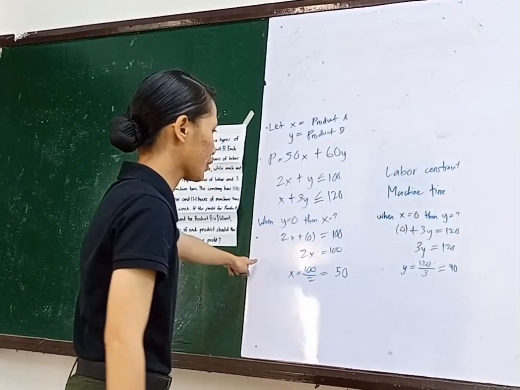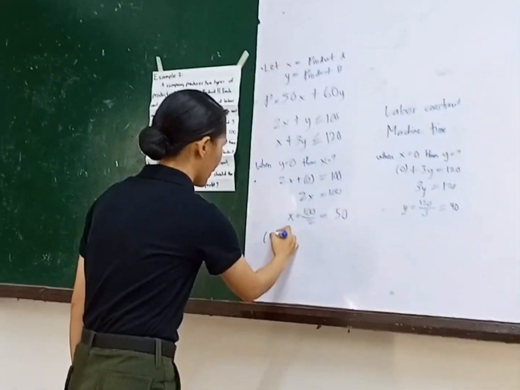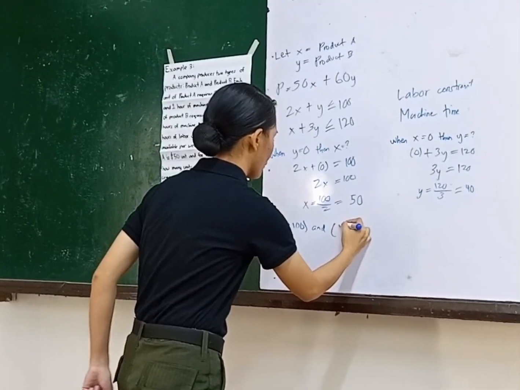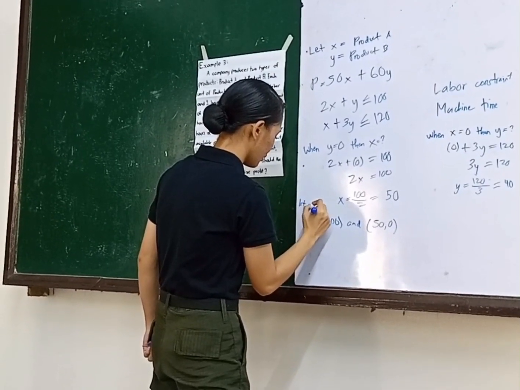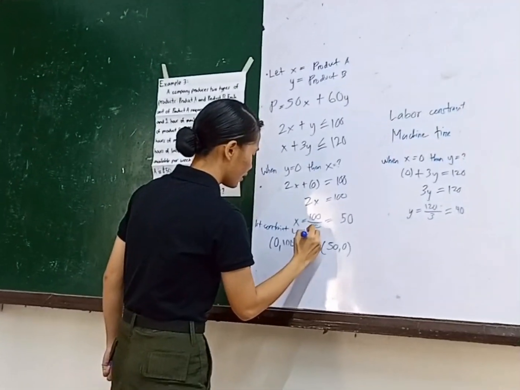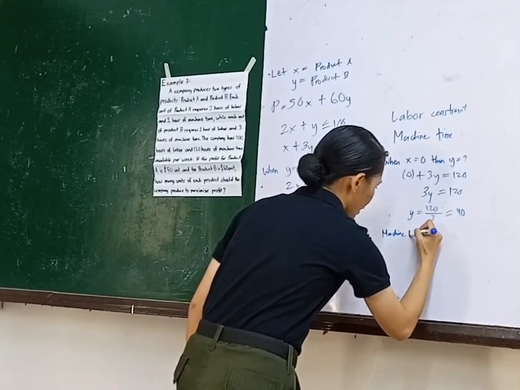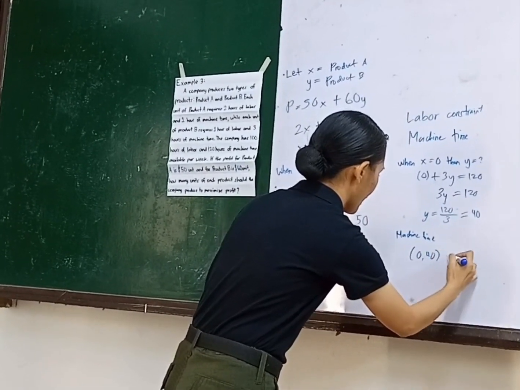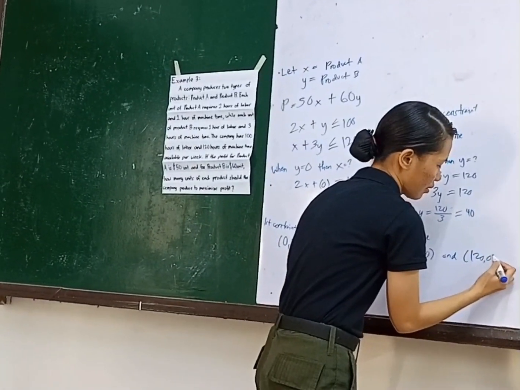So 0 plus 3y equals 120, and then we divide: y equals 120 divided by 3, which is 40. So for our first constraint, labor, the graph points are 0 for 100 and 50. Our first constraint is labor. And the graph of machine time is 0 for 40 and 120.